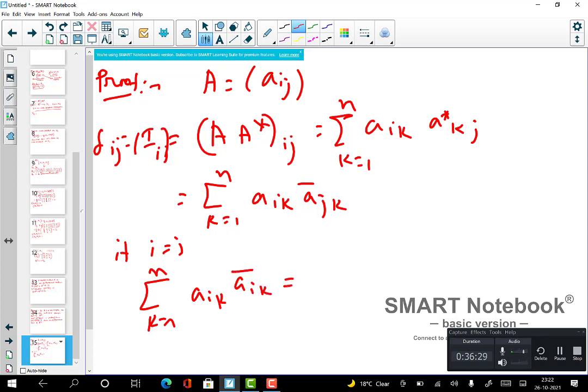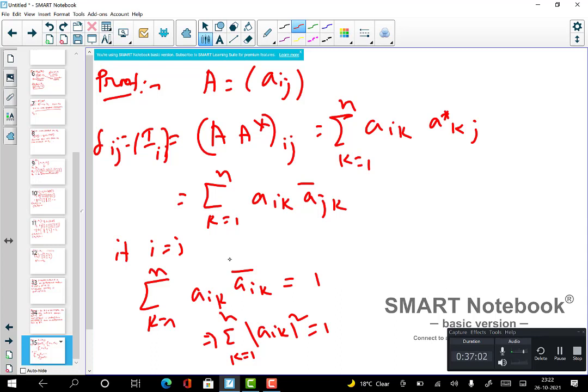This is the sum of |a_ik| squared, equal to 1, and this exactly says the norm is 1 with respect to the standard inner product on F^n. And if j is not equal to i, then it is 0.